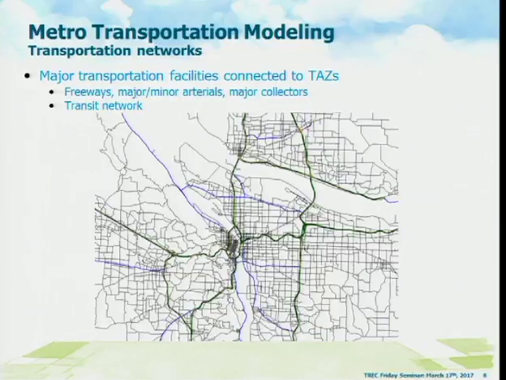So it'll have like the Alberta, and it'll have the Prescott, and the Skidmore, and the Division, the Hawthorne, etc. And so those little analysis zones are connected to this network, and this is what we use to assign our traffic. And the network has attributes associated with it, like number of lanes, the speed, and usually some sort of capacity, theoretical capacity.